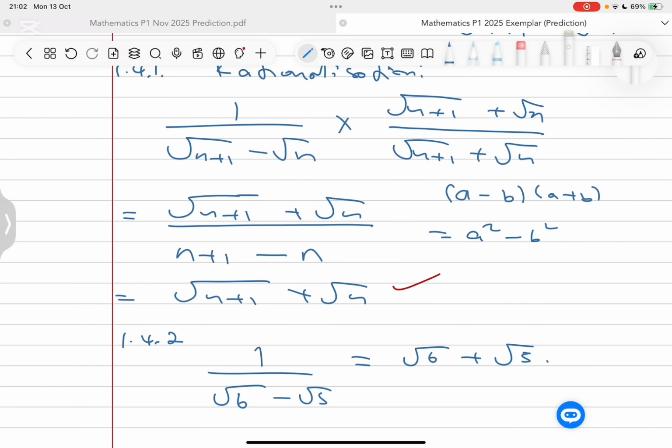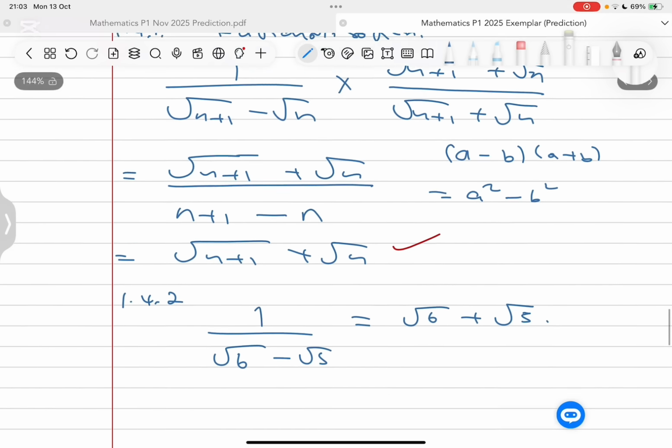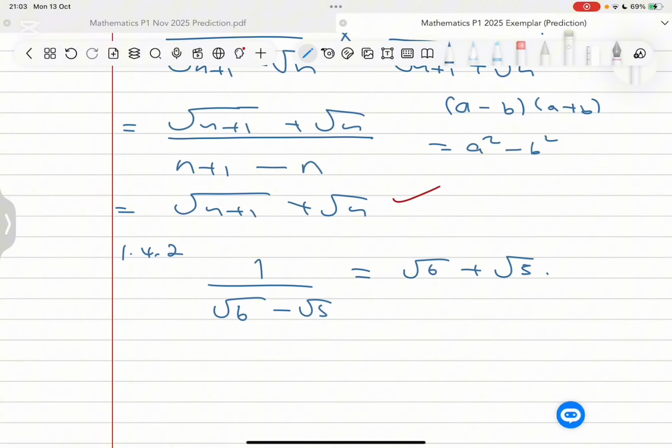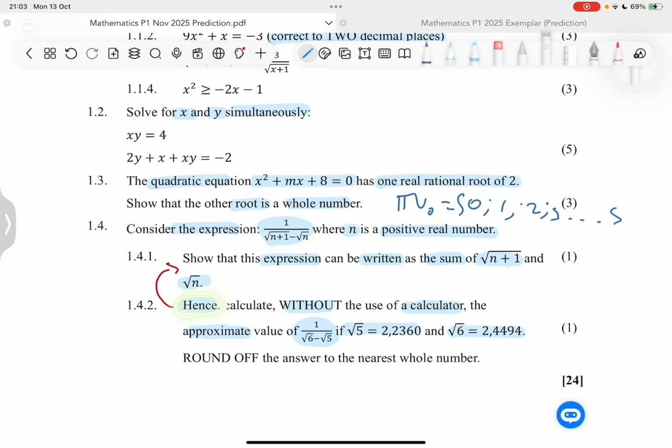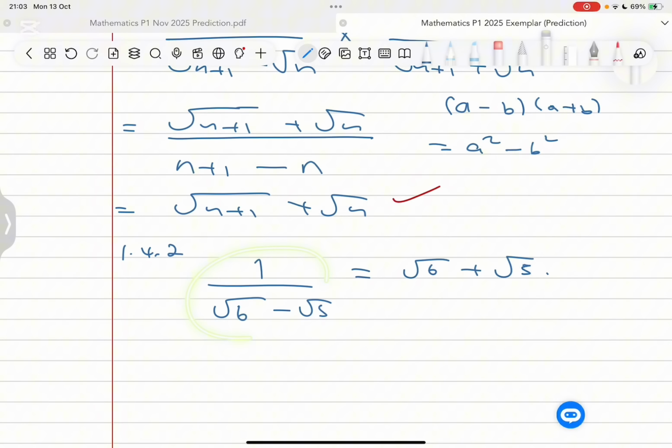If you want to save time, you'll just jump straight to this because we have proved it in the previous question. That's why they use the word hence.